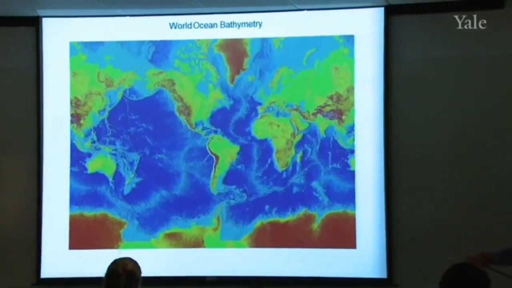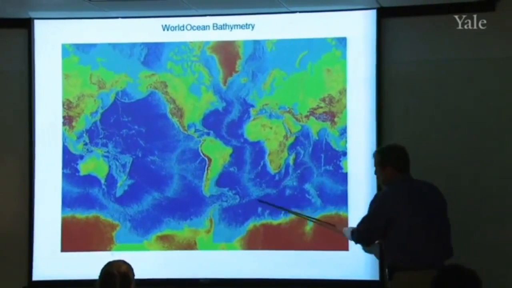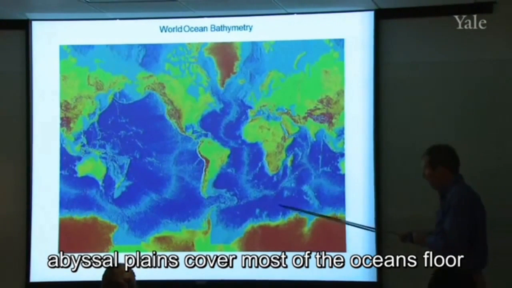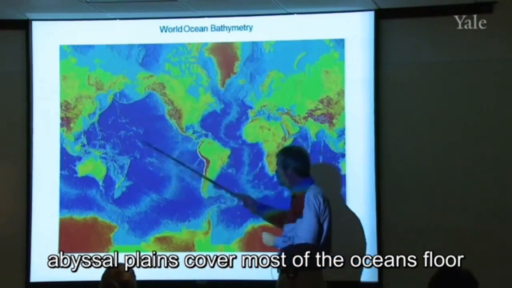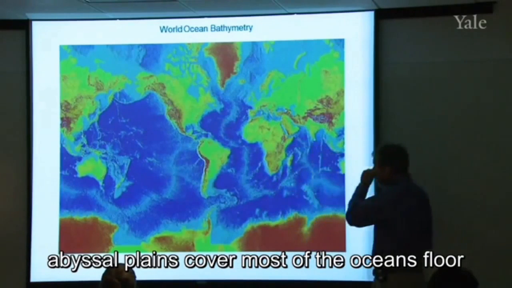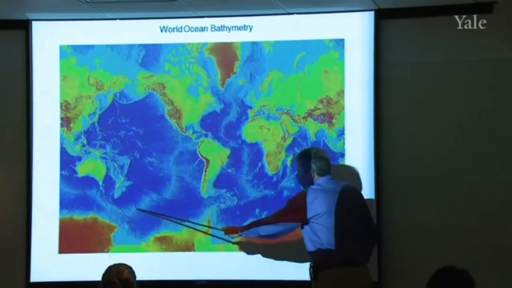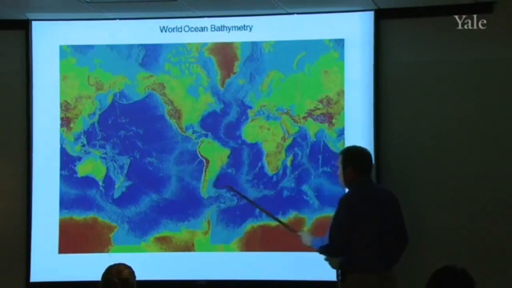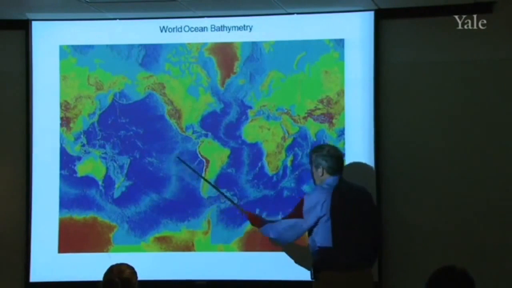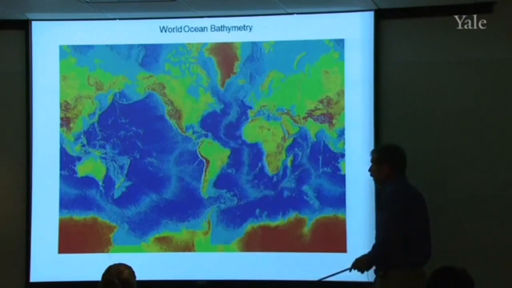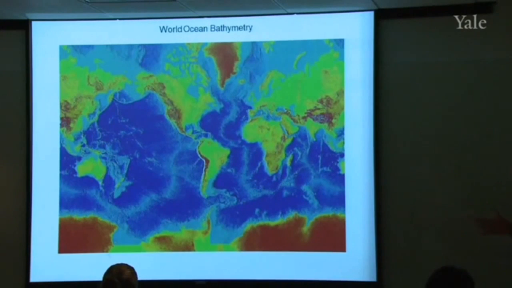The color scheme is not quantified on here, but I can tell you basically what's going on. All the deep blue is abyssal plain, about 5 kilometers deep. And you see it a lot of places. These little lines that run up through the middle of oceans, for example, in the South Pacific and all the way up through the Atlantic, the South and the North Atlantic, those are spreading centers, mid-ocean ridges.